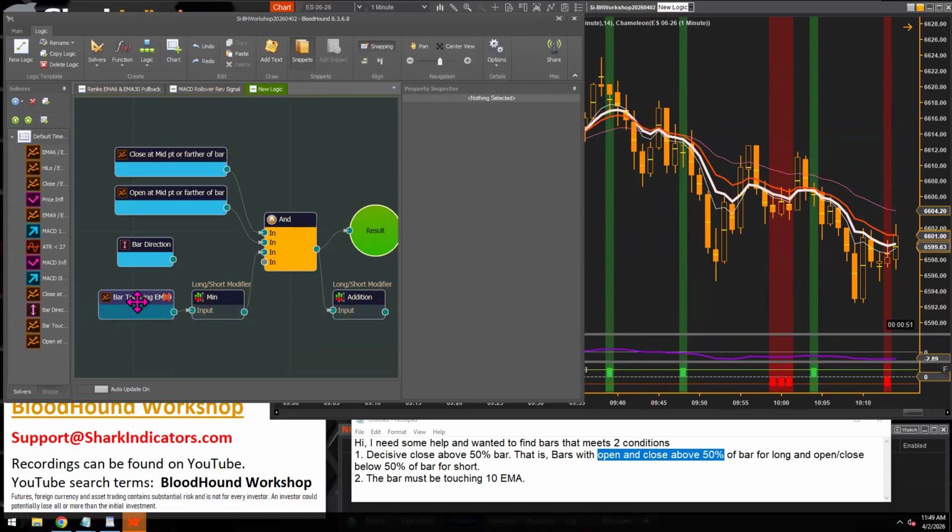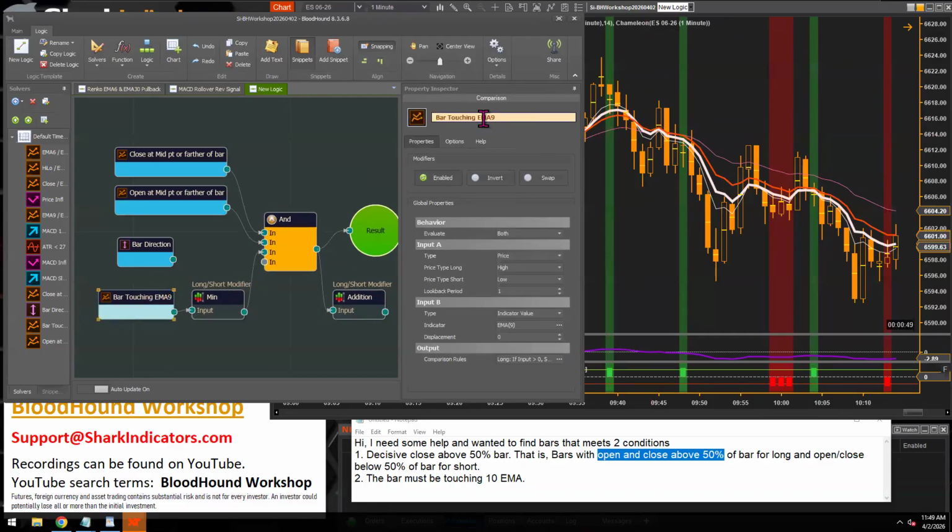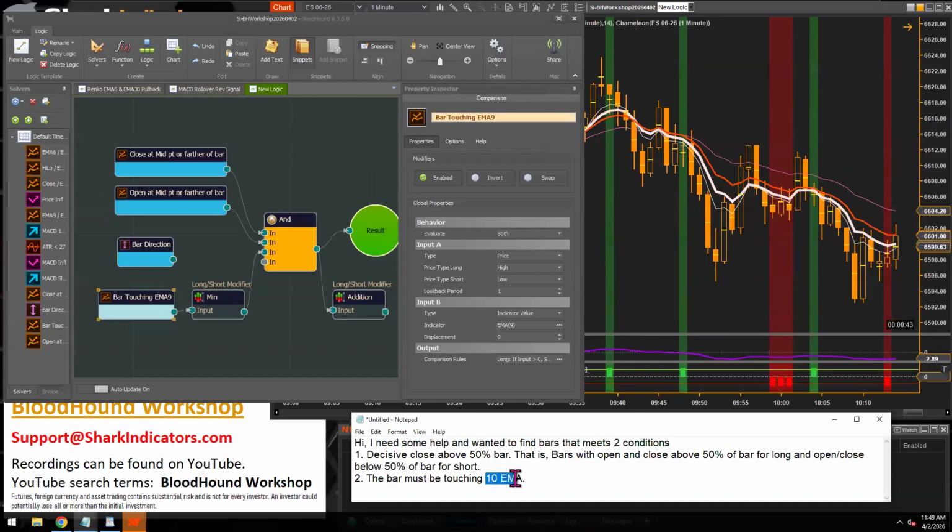I have the EMA 9 in here simply because I already have an EMA 9 on there, and that's going to be really close to an EMA 10, so I didn't want to clutter up my chart with more moving averages. Close enough, and of course all you have to do is go into input B and adjust the EMA from a 9 to a 10.